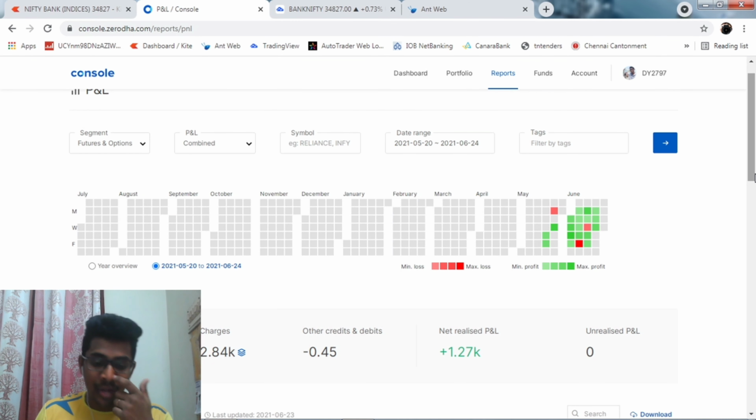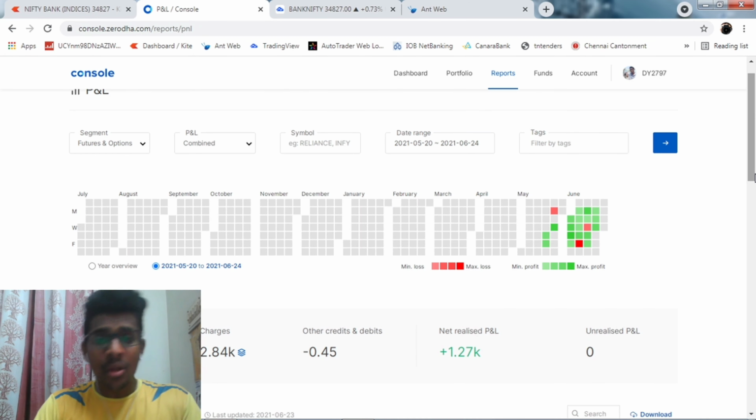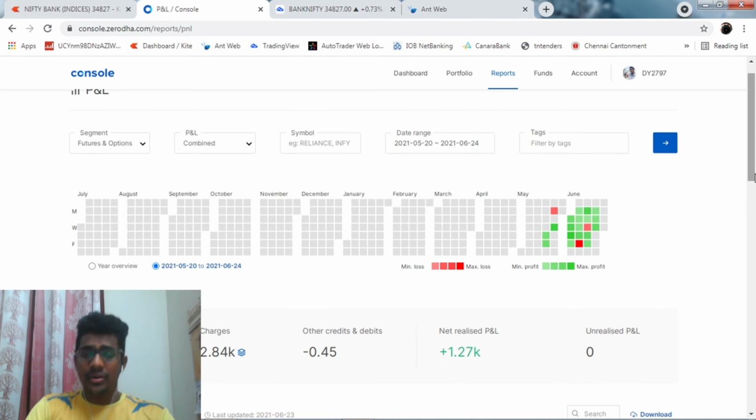If I blow up the account with a 2,000, 3,000 loss in a day, I won't even have sufficient amount to put in other trades and recover it, because even a 500 rupee loss in a 10k account is a 5% loss per day, but that 5% can still be recovered with the rest of the capital.